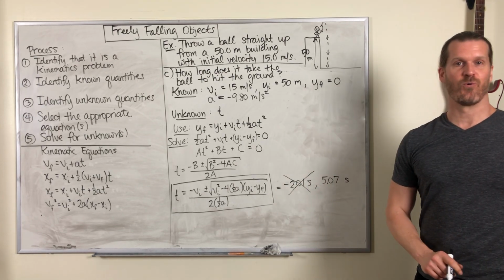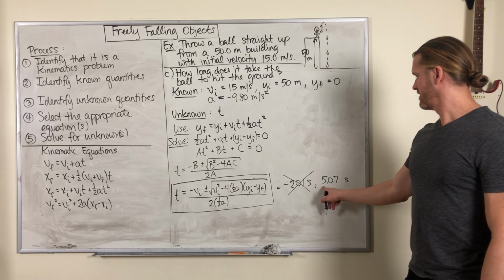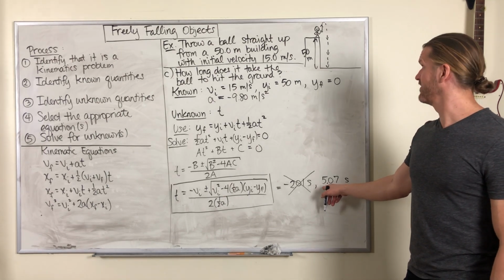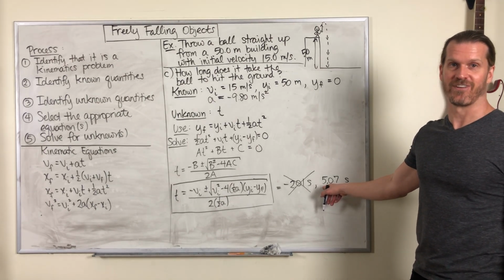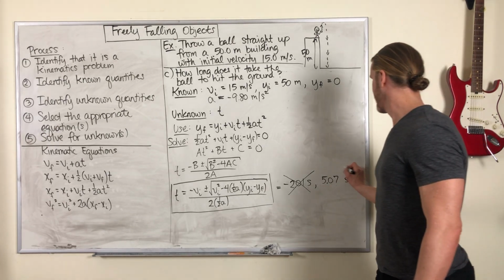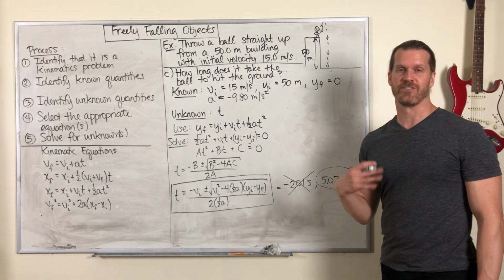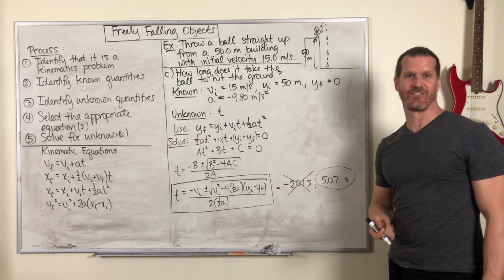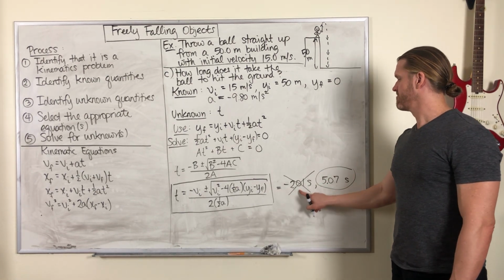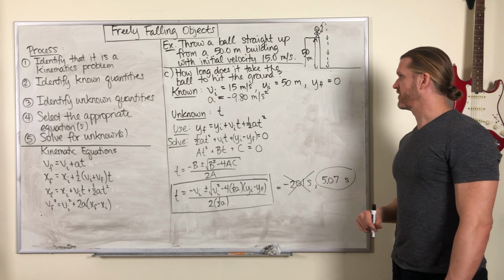So we throw away that answer. 5.07 seconds means the ball hits the ground 5.07 seconds after you throw it. So that answer makes sense. So when you use the quadratic formula, you've got to make sure your answers do make sense. That negative one doesn't make any sense.